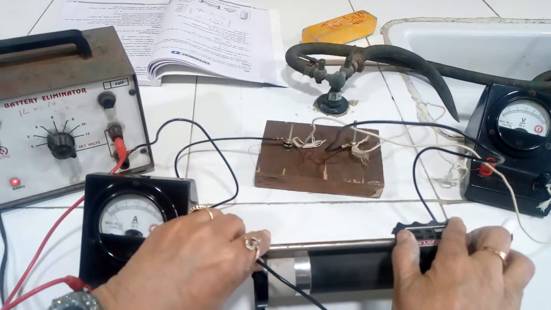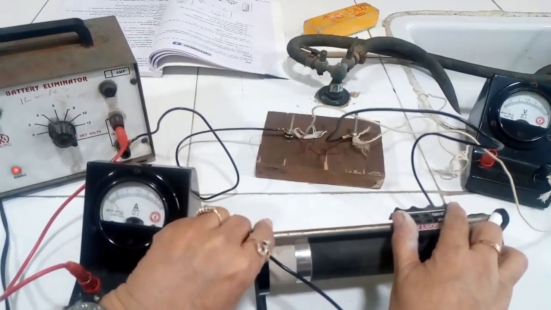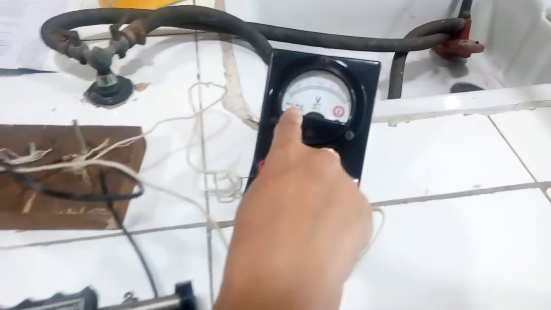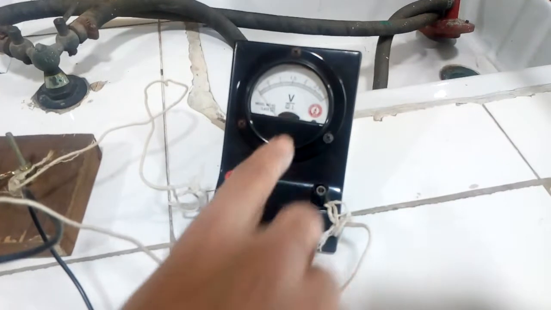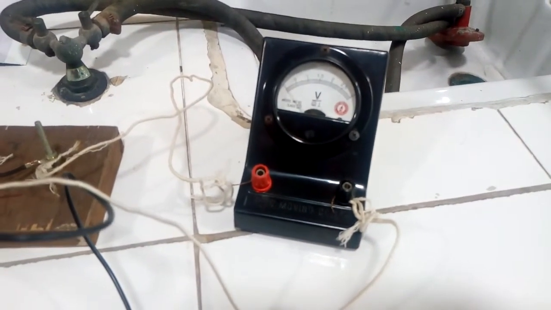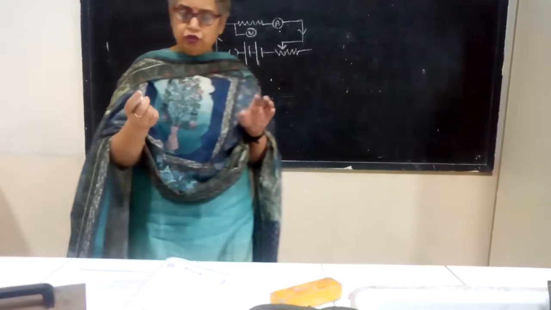Okay, let us say I1 is 0.25, and the voltage for this you can note down. So this will be I1 and V1. So V1, I1 you will note from the instruments.